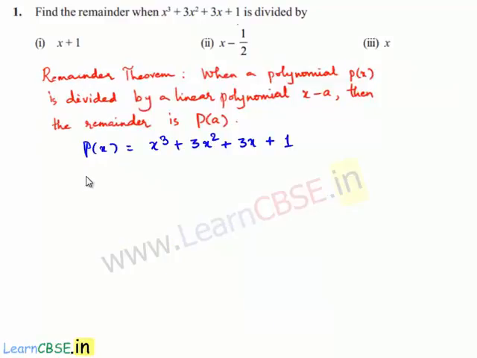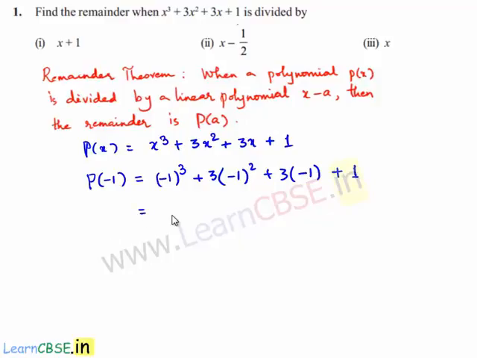So let us substitute x is equal to minus 1 in the given polynomial, which becomes p of minus 1 is equal to minus 1 whole cube plus 3 times of minus 1 whole square plus 3 times of minus 1 plus 1.